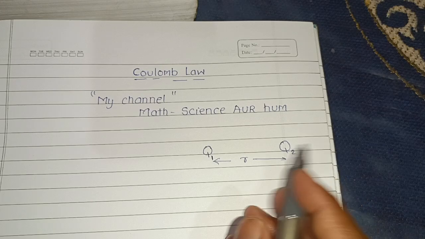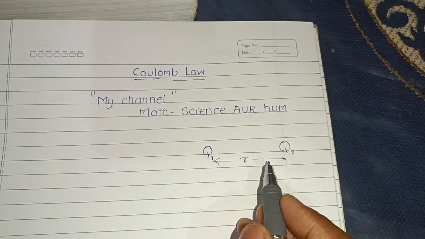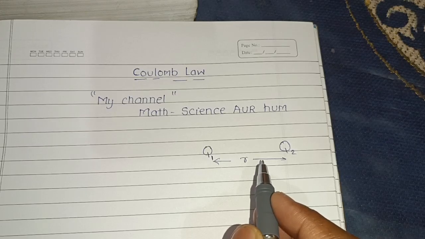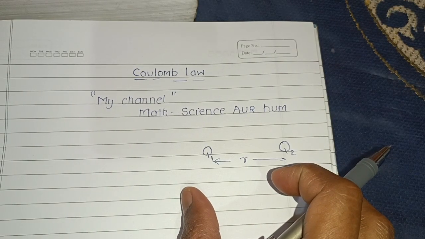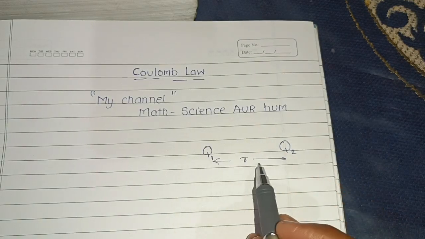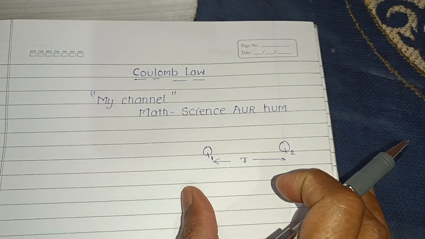Charge can be like or can be unlike. If the charges are like, then the force is repulsion, and if charges are unlike, then the force of attraction will be there.